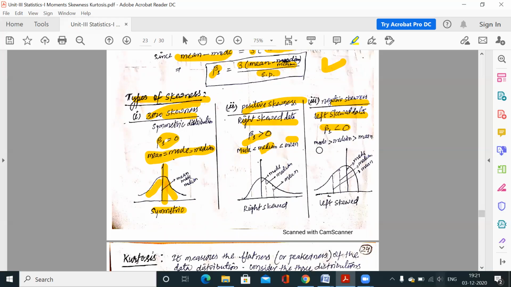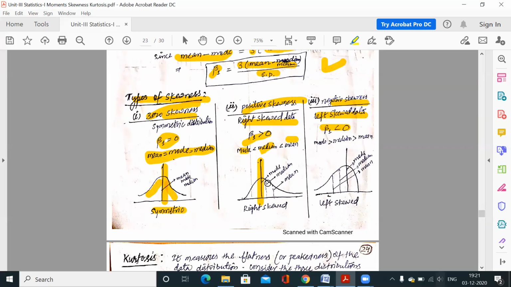You may be asked in the exam what the relation between mean, mode and median is for right skewed, left skewed or symmetrical distributions, so you must know these relations. Mean, mode and median are all equal for symmetrical data, and mode is less than median, less than mean for right skewed data.